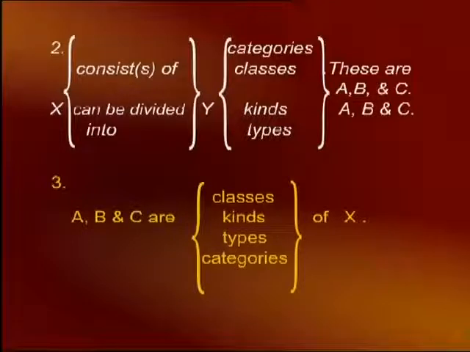And the third way of writing classifications, these are common English expressions, is that you start with the type and you say A, B, and C are classes of whatever. A, B, and C are kinds of whatever you have to say.